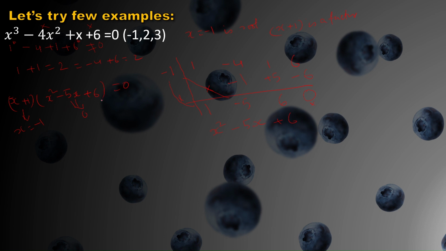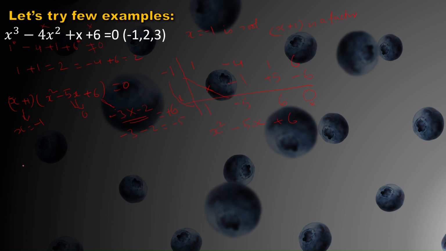Middle term splitting is very simple. 6 cross 1 is not going to solve our purpose because this is a plus sign and this is a minus sign. It means we have to use both signs as negative, minus 3 cross minus 2. This gives plus 6, and minus 3 and minus 2, if we take the sum, gives minus 5.